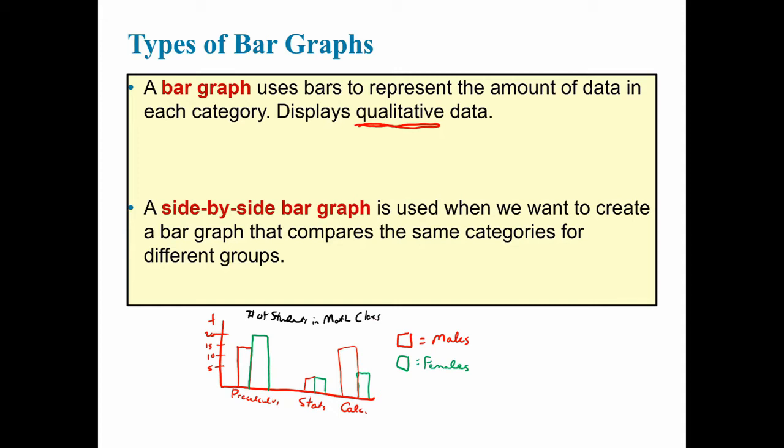So that is a side-by-side bar graph. You're comparing the same categories. In this case, our categories are our math classes. You're comparing your categories amongst different groups of data.